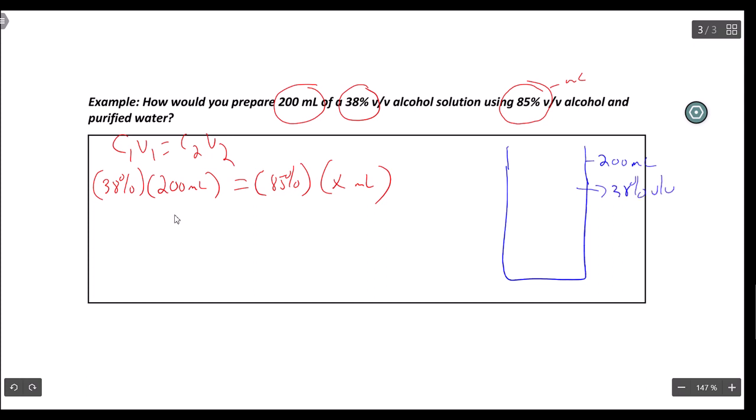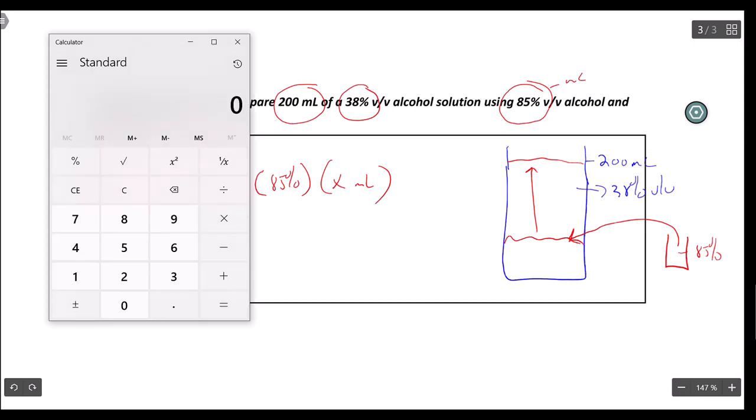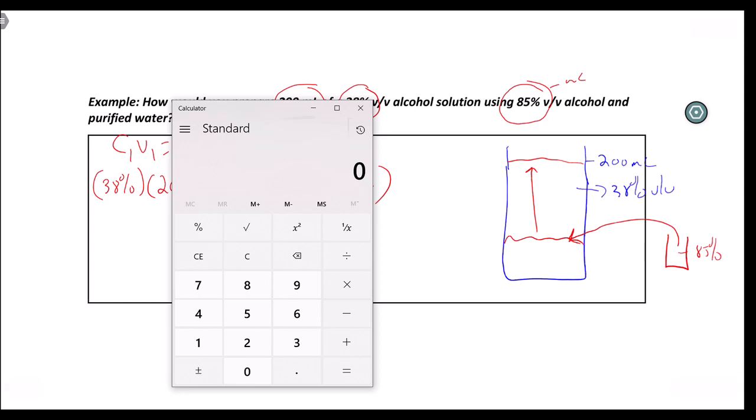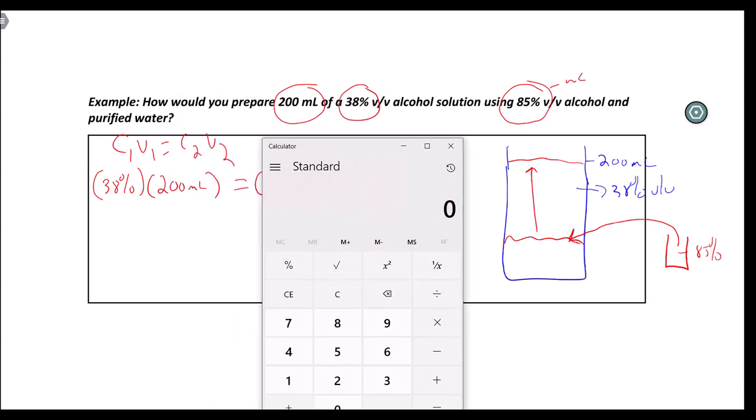So I have now a little bottle here. This is 85% alcohol. How much of this do I need to put into here? And then I'm going to QS with water up to the 200 mark. This question is asking me, how much of this 85% do I need to put in here? That's why I set up my C1V1 equals C2V2. This tells me that the amount of alcohol here in this bottom part is going to be the same when I dilute it up to the 200.